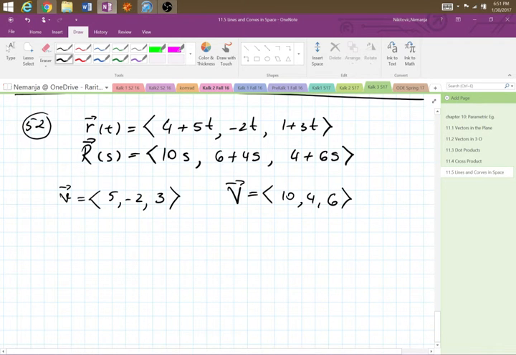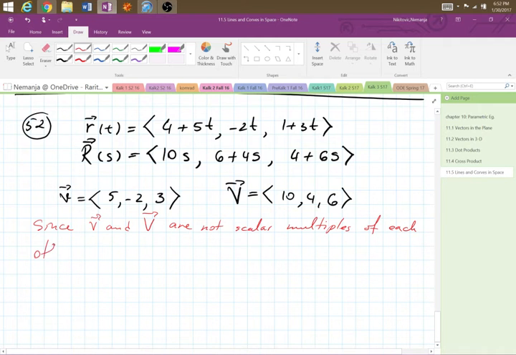So I'll write that in blood. Since v and V are not scalar multiples of each other, lines r and R are not parallel.